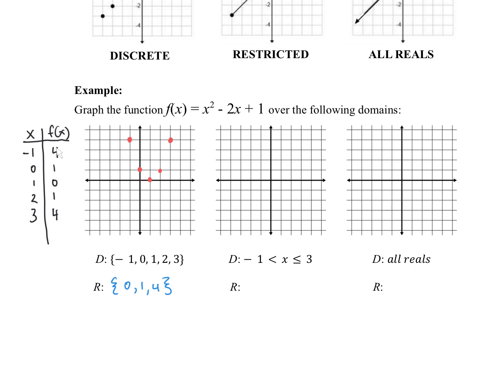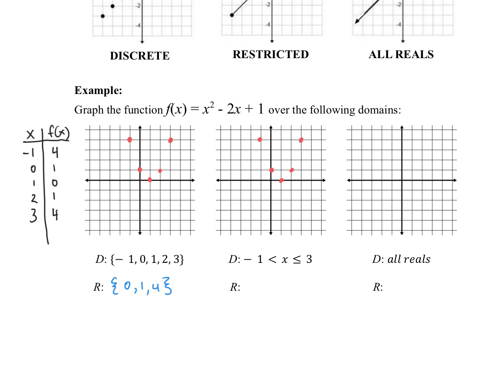So shouldn't that not be in your table anymore? No, I get what you're saying, but it should be in the table, and I'll show you why in a minute. So we start out the exact same way. We get our points, we put them on the graph: (-1, 4), (0, 1), (1, 0), (2, 1), and (3, 4).